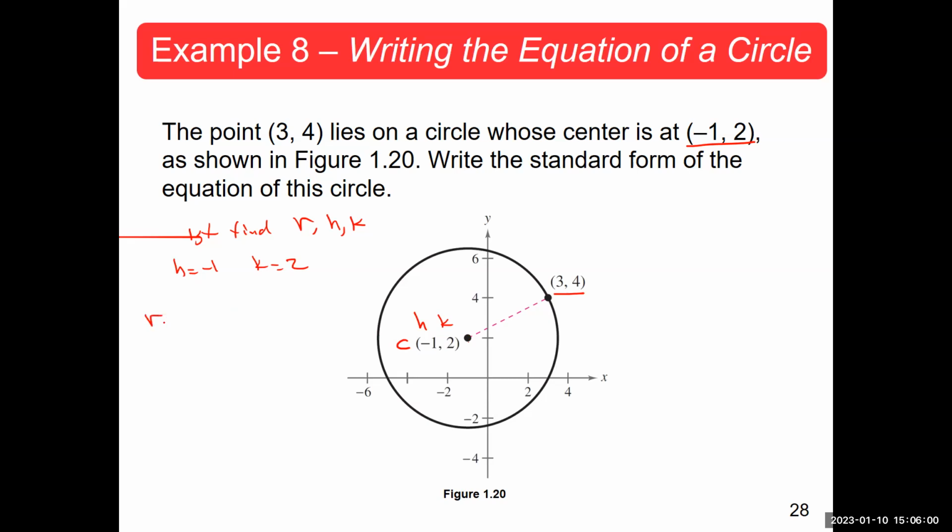R is equal to the square root. If you call this x2, y2, this is x1, y1, then we're going to say x2 minus negative 1, square, plus 4 minus 2, square.